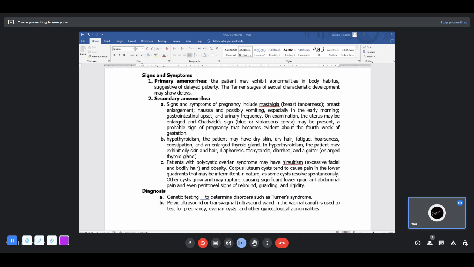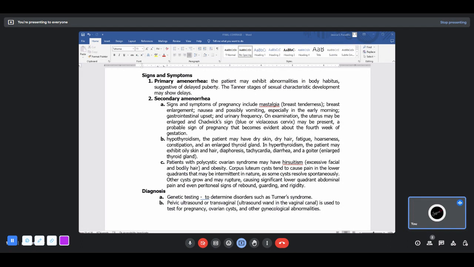This is the breast tenderness, breast enlargement, nausea and possibly vomiting, especially in the early morning, gastrointestinal upset, and urinary frequency. On examination, the uterus may be enlarged and Chadwick's sign, ito yung blue or violaceous cervix, may be present, a probable sign of pregnancy that becomes evident about the 4th week of gestation.